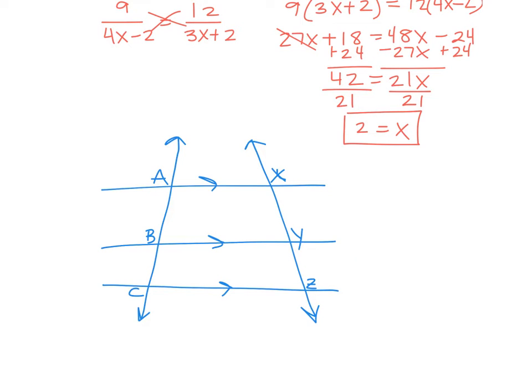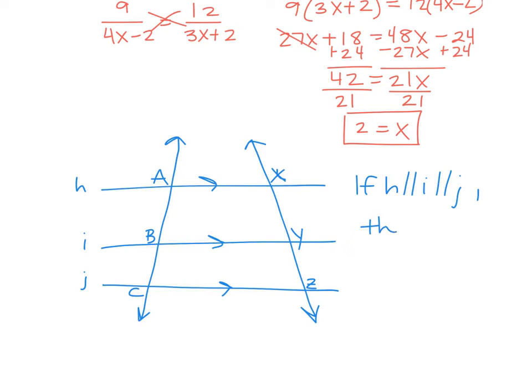The rule works the same because you have the parallel lines. So the setup would be this. If, we're going to call this line H, line I, and line J. So if H is parallel to I, which is parallel to J, which in this case it is, right? We put the arrows in to show that they're parallel.